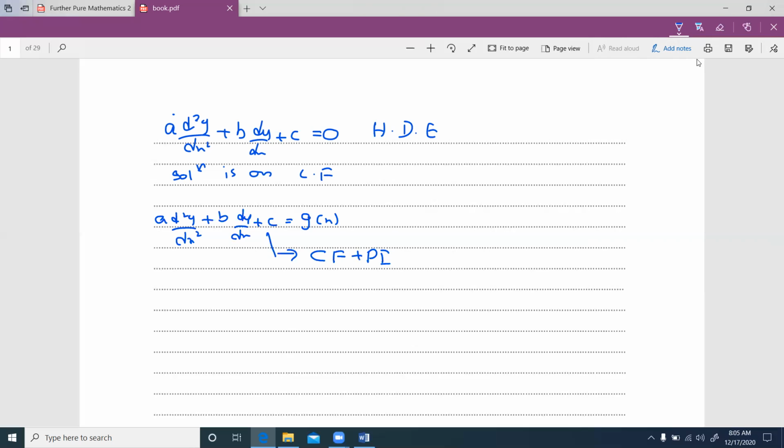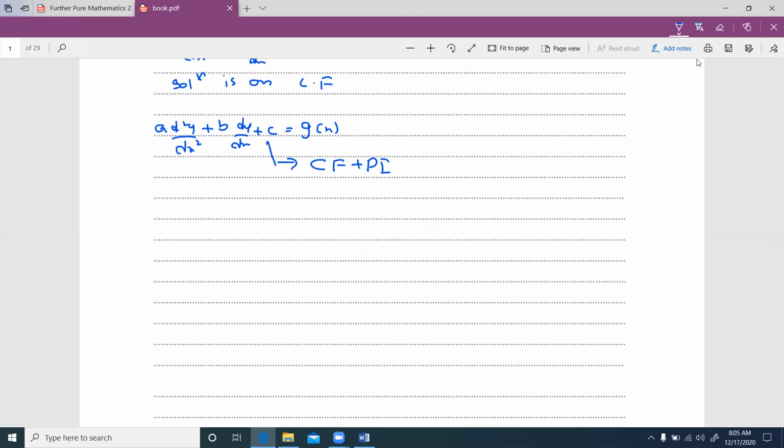Usually, to find the particular integral, this is where we use it. In this case, we usually get a small function. Let the particular integral be for f(x).